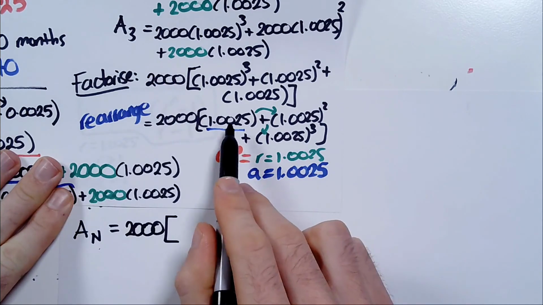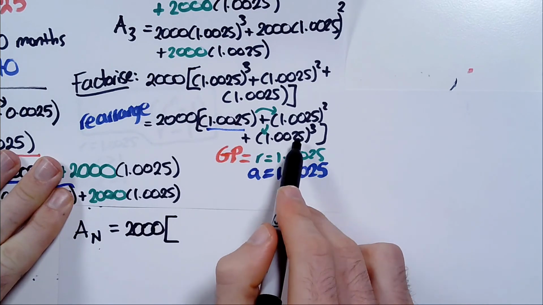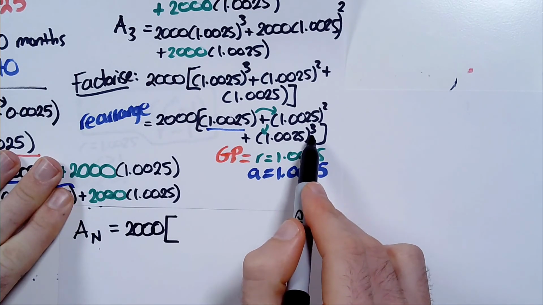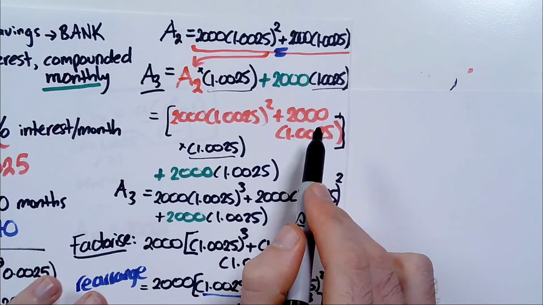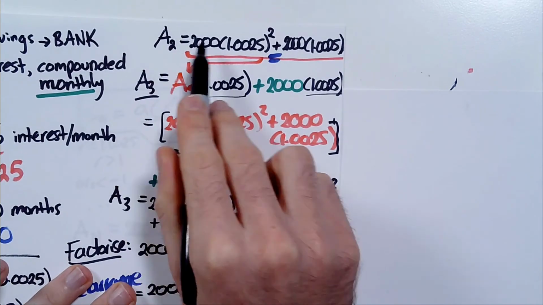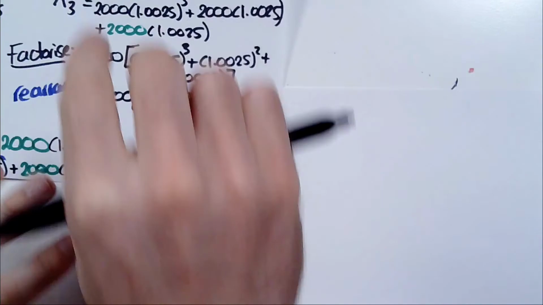How many terms are in the bracket? 3. And what's the highest power? 3. Whereas when we had the second month, if you look back up here, the highest power was 2. So that pattern is going to just continue.